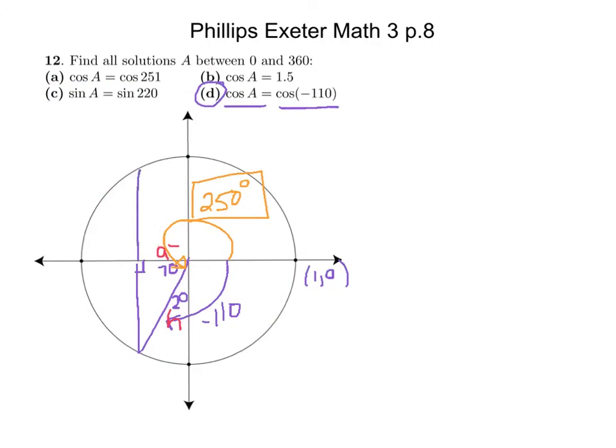So go ahead and draw that. That's 70 there. So what that means now is that this angle right here would be our 180, which is all the way to the x-axis, and then minus 70, so that would be 110 degrees.